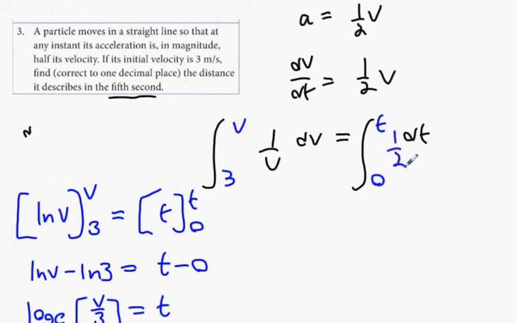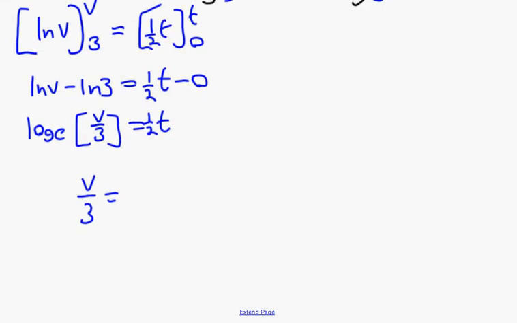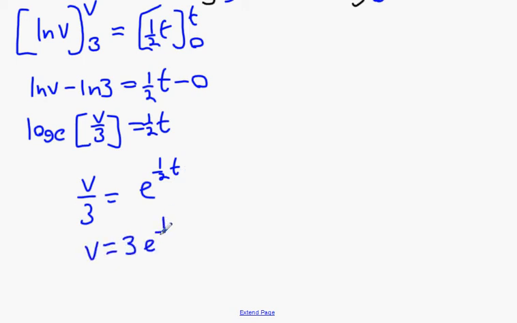Forgot the half. Sorry about that. So it was a half v, wasn't it? So when I brought the v underneath, I should have left the half up there. Okay. So it's e to the power of half t. Then bring the 3 up. v equals 3e to the half t.